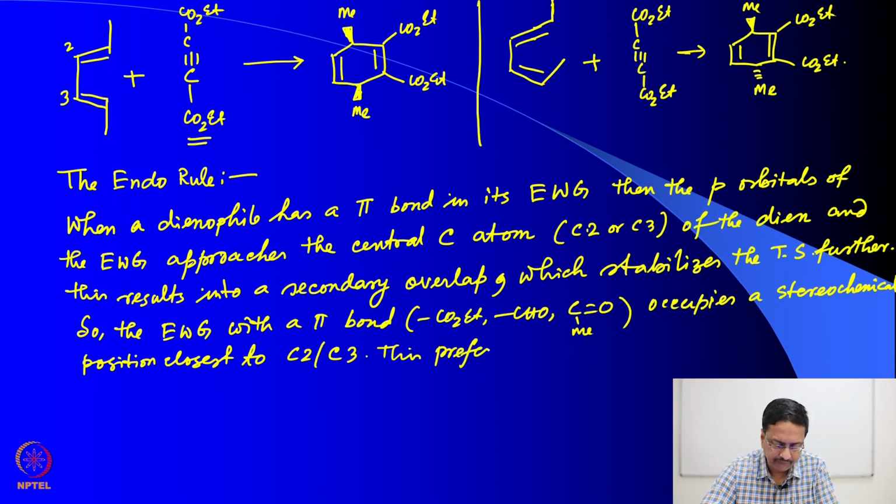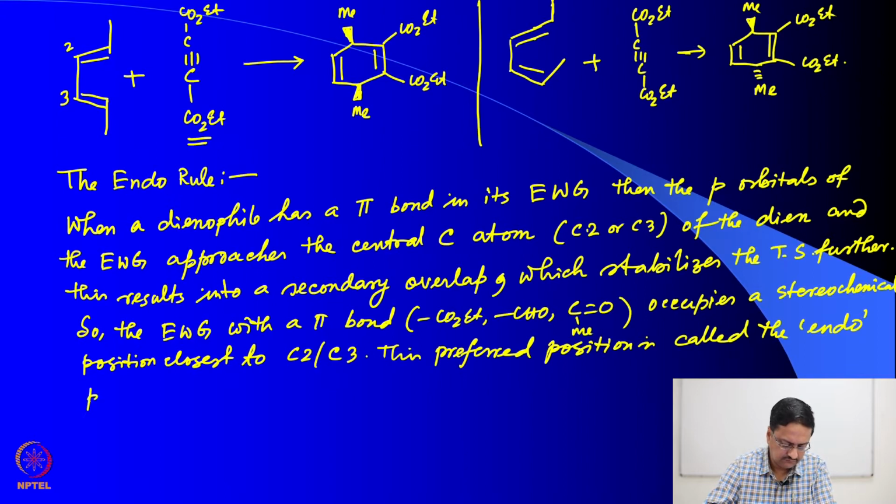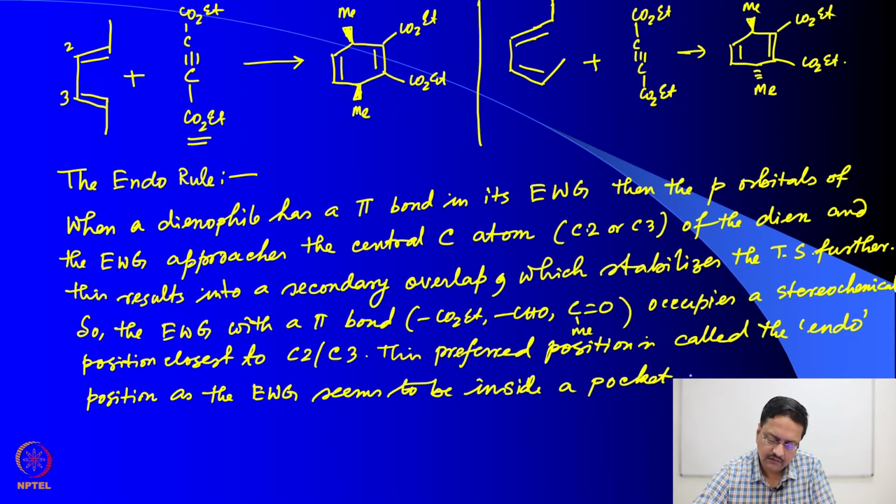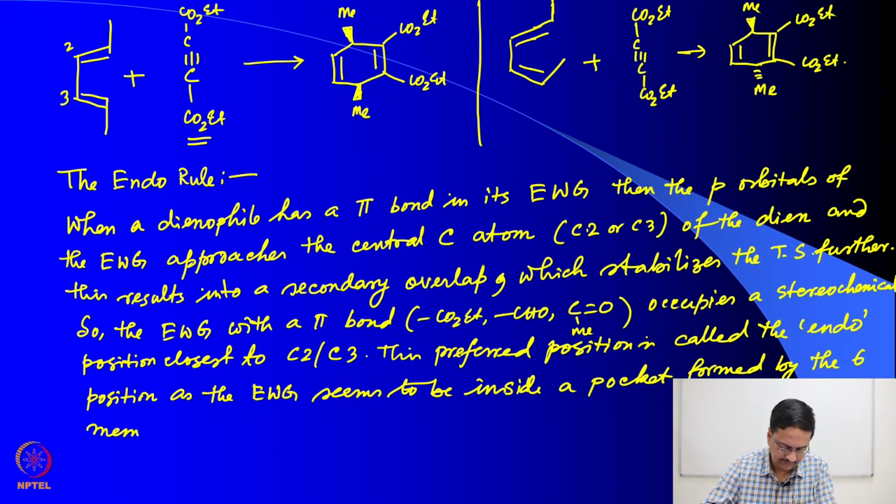This preferred position is called the endo position, as the EWG, the electron withdrawing group, seems to be inside a pocket formed by the 6 membered ring in the transition state.